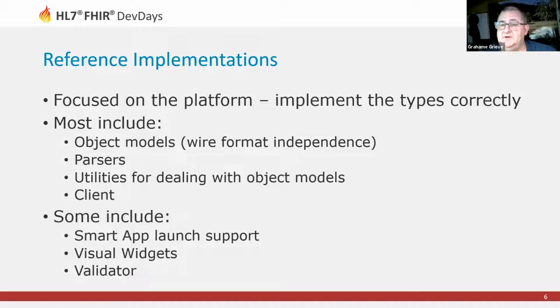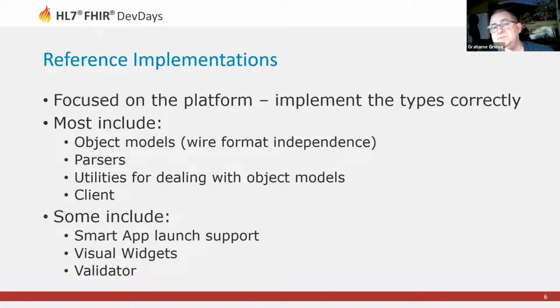And it just saves you so much time. So the first characteristic of reference implementations is they're very focused on the platform specification level, the FHIR level. They implement the types, both the data types and the resources, correctly. They're often extensively tested.